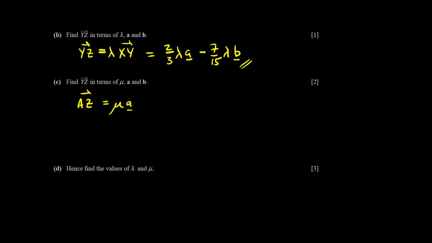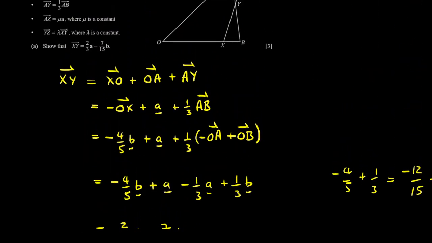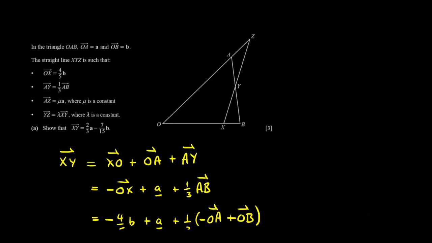Well, hang on, we're not asked to find AZ, we're asked to find YZ. So how can I get YZ? Well, I can say that Y to Z must be equal to Y to A plus A to Z. That makes sense. I start at Y, I go to A, then I go from A to Z. Now, do I have an expression for YA?